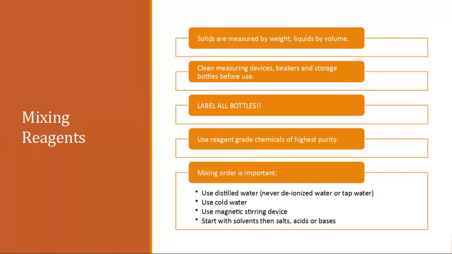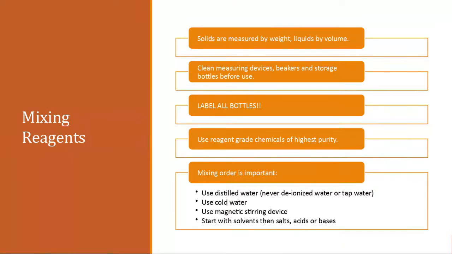Always use distilled water. Do not use tap or deionized water. Make sure the water's cold. You're not going to make it hot. Some of these acids will create an exothermic reaction, so if you're mixing it with hot water, it'll just be that much hotter. And in that case, you can create some issues.